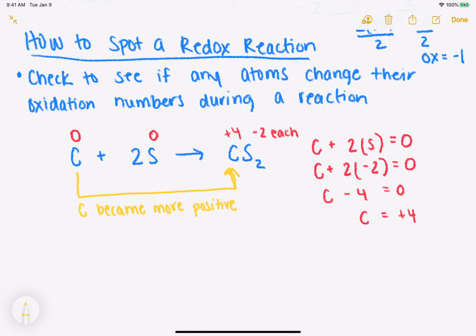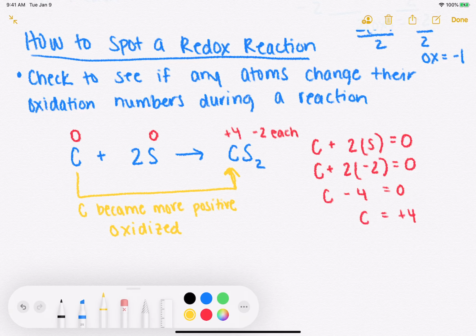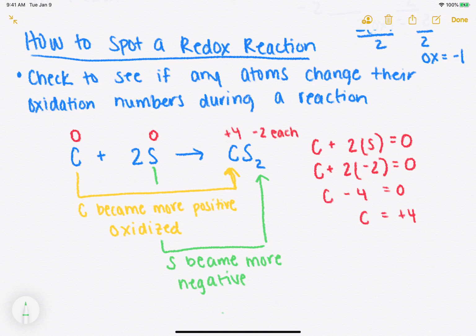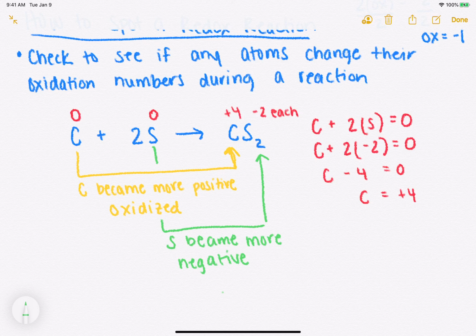So carbon was oxidized. Sulfur went from 0 to -2. So sulfur became more negative, meaning that it was reduced.